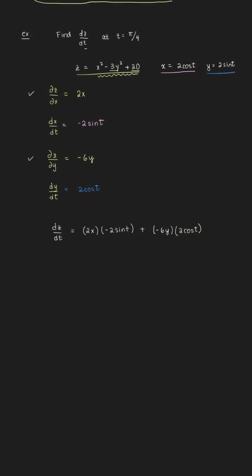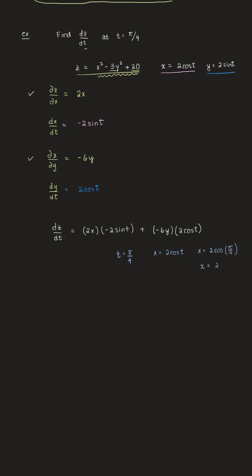Now, at the moment when t is pi over 4, let's think about this a little bit. Well, we know x is 2 cosine t, and so x is going to be 2 cosine, I wrote pi over 2, but I meant to write pi over 4. 2 cosine of pi over 4. The cosine of pi over 4 is the square root of 2 over 2.